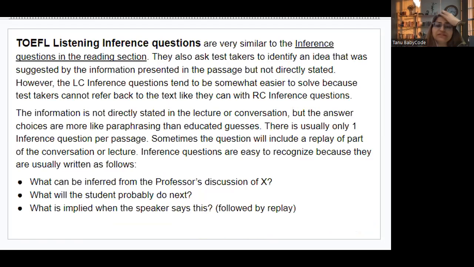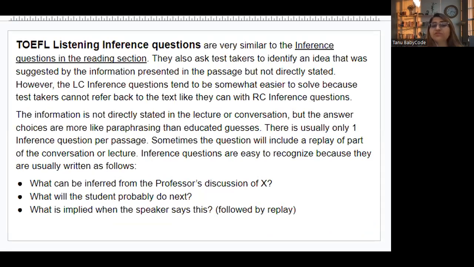TOEFL listening inference questions are similar to inference questions in the reading section. We have already done the TOEFL reading questions, and in that also we had inference questions. They ask the test taker to identify an idea that was suggested by information presented in the passage, but not directly stated.